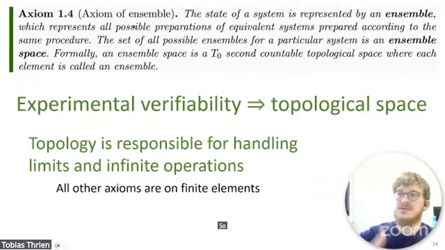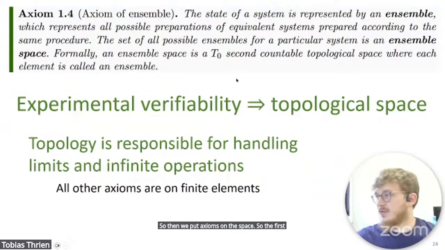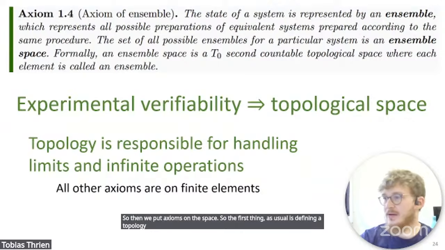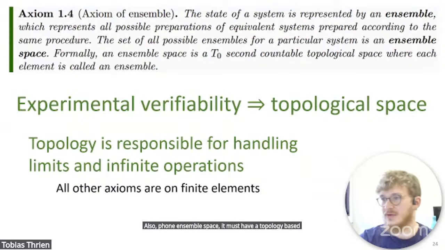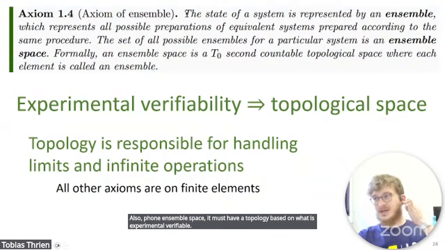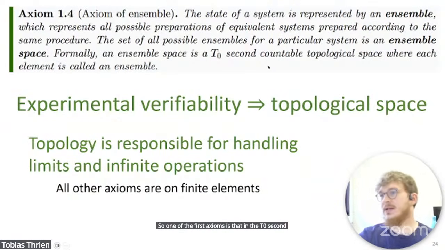Then we put axioms on the space. So the first thing, as usual, is defining a topology, and this is where everything I talked about before comes in again. So also for an ensemble space, it must have a topology based on what is experimentally verifiable. So one of the first axioms is that it's a T0 second countable topological space.